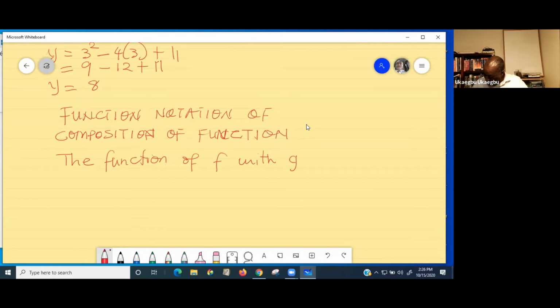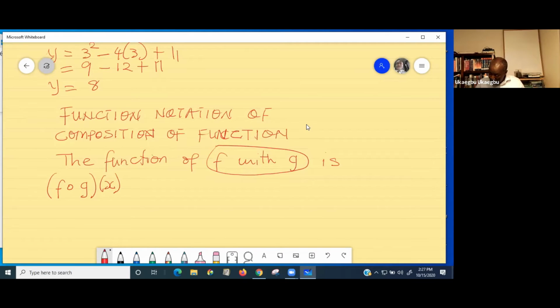Note what I'm about to circle right now. The function of f with g is, here's how to write it: f, you write a very small circle, g, x.